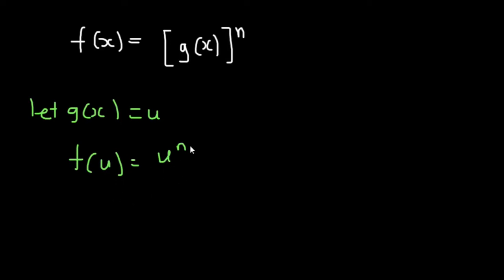If I want to find the first derivative of u to the power n, f prime of u will be equal to n times u to the power n minus 1 times u prime. So I first find the derivative of the whole expression, and then I find the derivative of what I have inside.